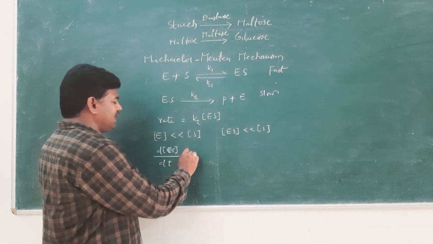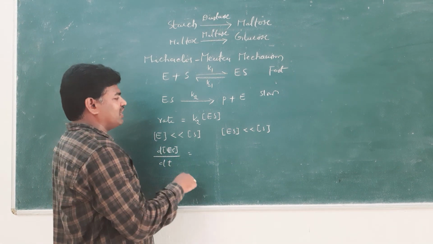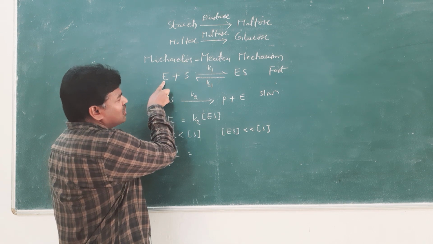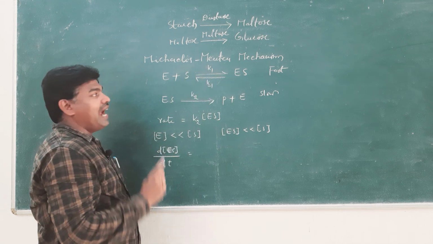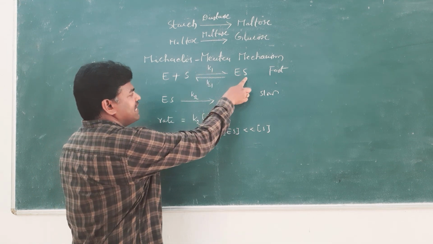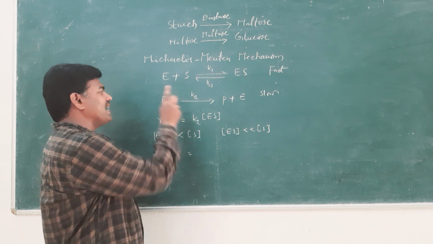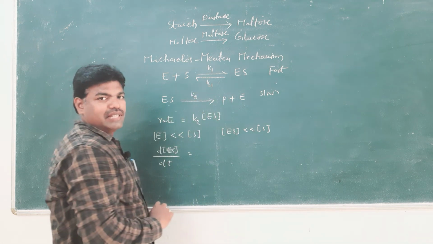Okay. So, d by dt of concentration of ES is given according to the steady state approximation. In this process, enzyme is consumed in the forward reaction, and enzyme substrate complex is consumed in the backward reaction, and again enzyme substrate complex is consumed in the second step.